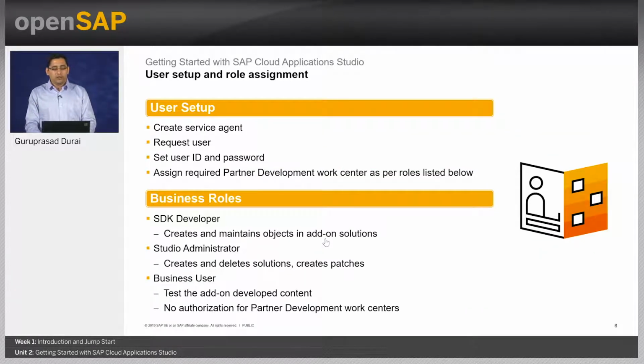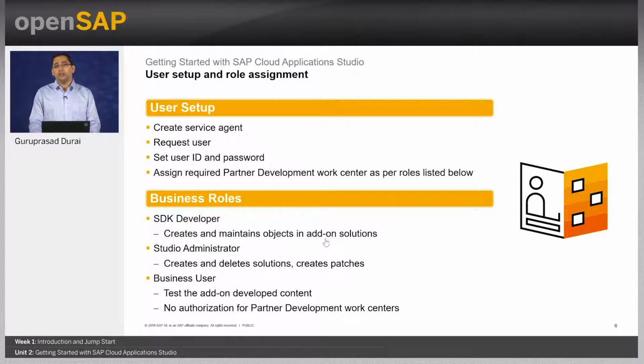This slide is about user setup and role assignment. It gives you an overview of the available users in SAP Cloud Application Studio and how, with these users, we could log into the Cloud Studio. As you can see here, we have 3 user roles: the SDK developer, studio administrator and the business user.